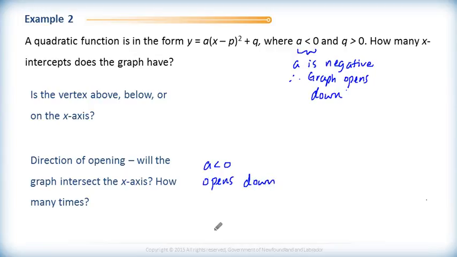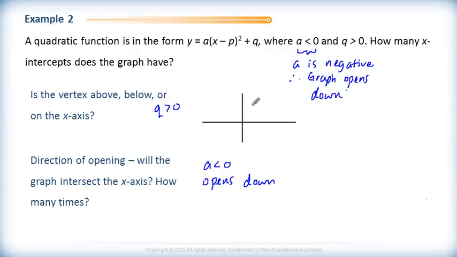Is the vertex above, below, or on the x-axis? Well, our q value is greater than 0. It's positive. So wherever this graph's vertex is, it has to be above the x-axis.